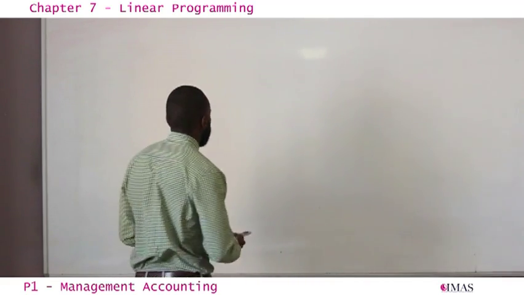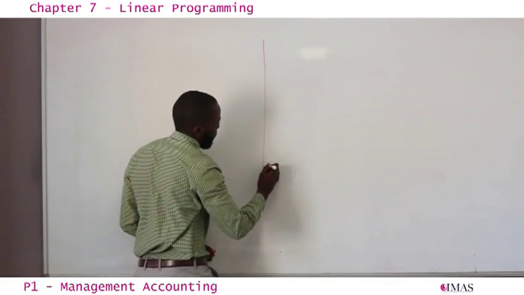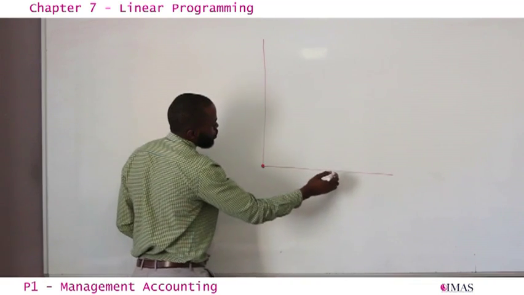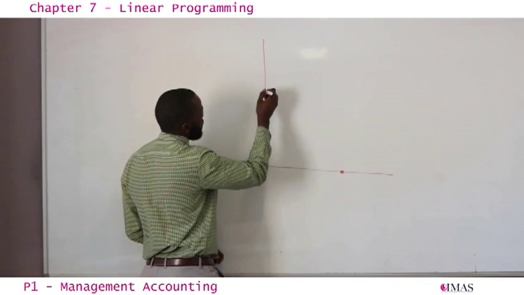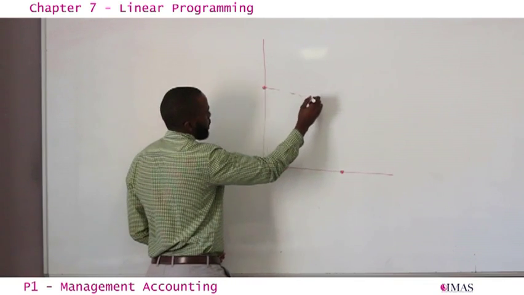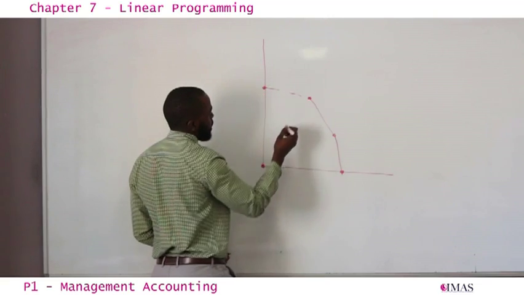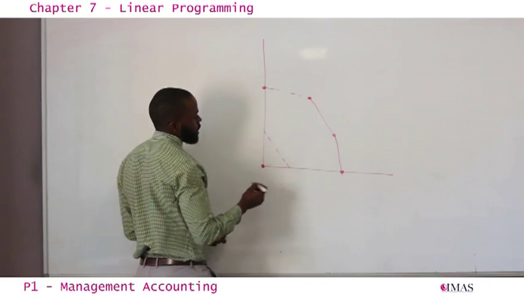On minimizing the cost, how are you going to come up with your optimum point? We do the same thing. We need to look at the points here, then we join the points. We join our optimum points. Then we're also going to have an iso-cost line.